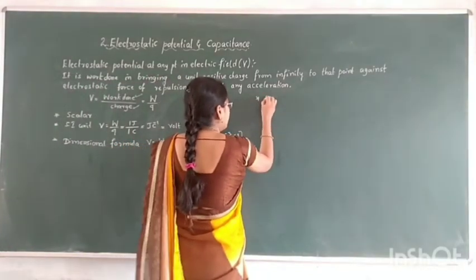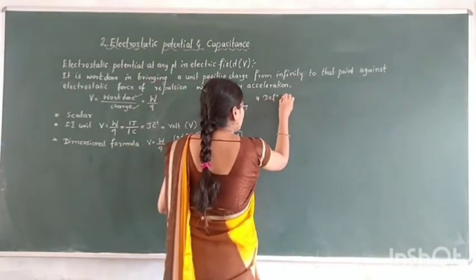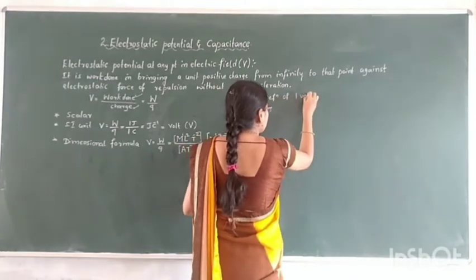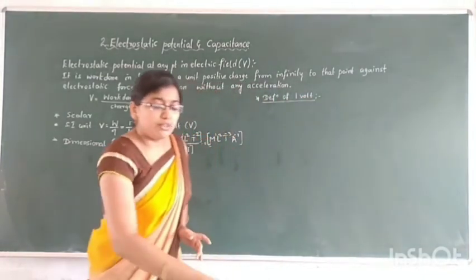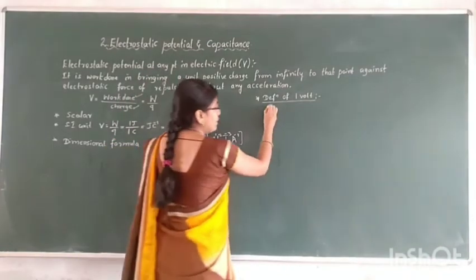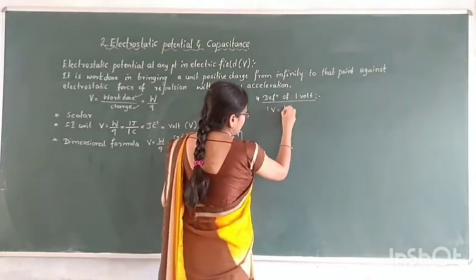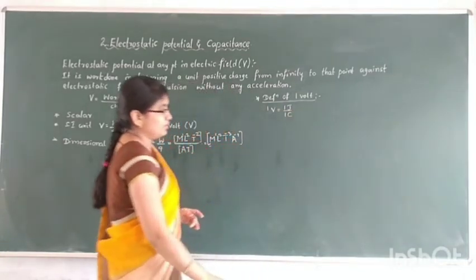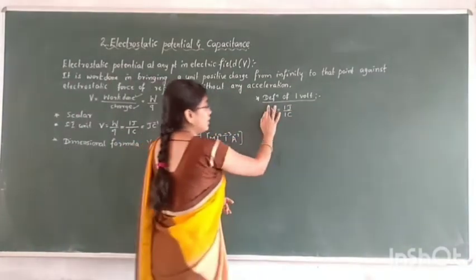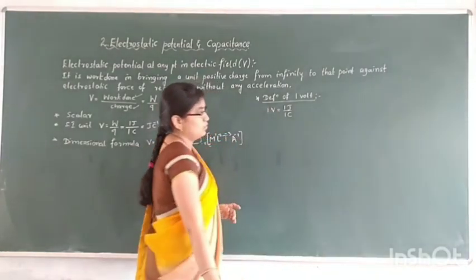Now we can define 1 volt. Next is the definition of 1 volt. How will you define 1 volt? 1 volt equals 1 joule by 1 coulomb.